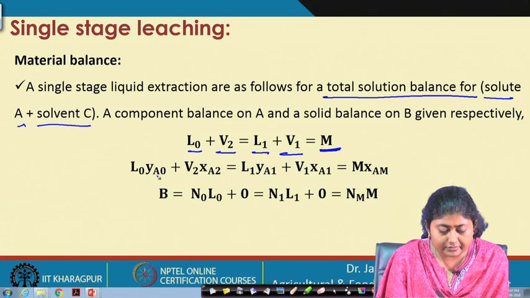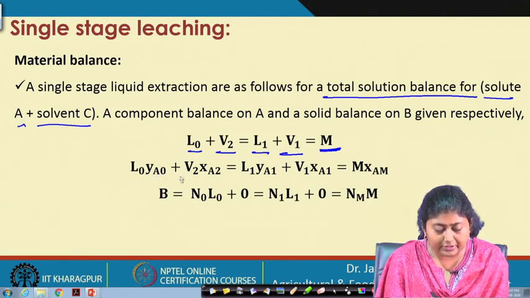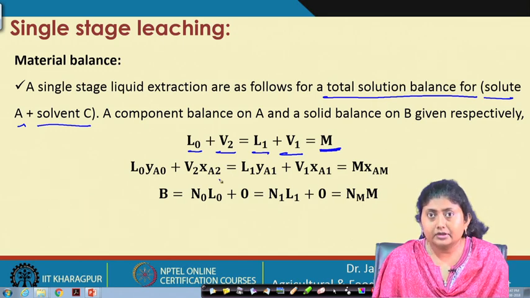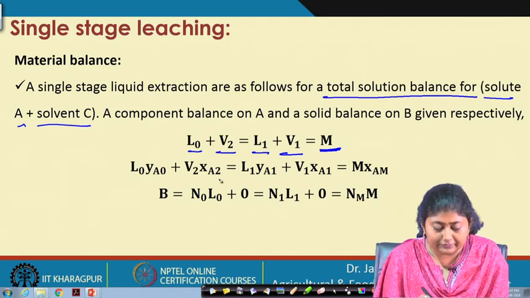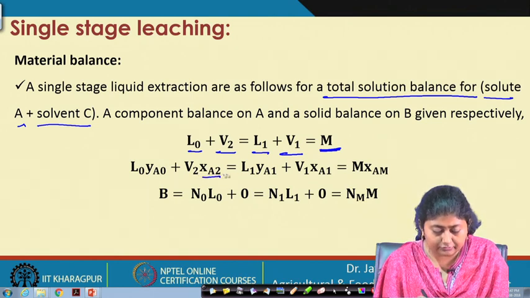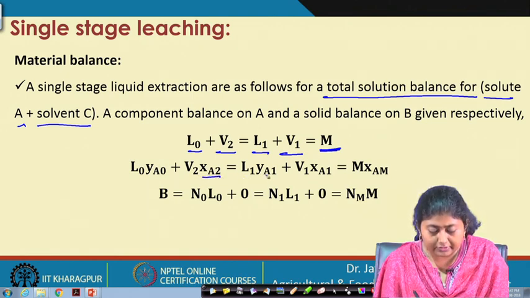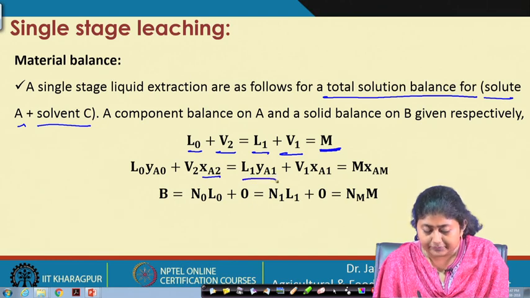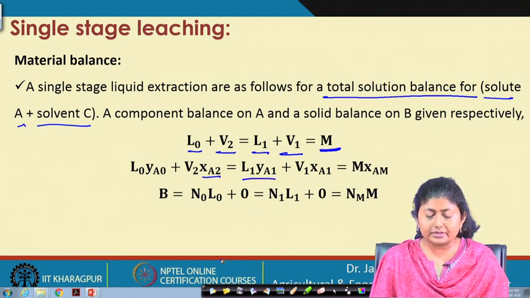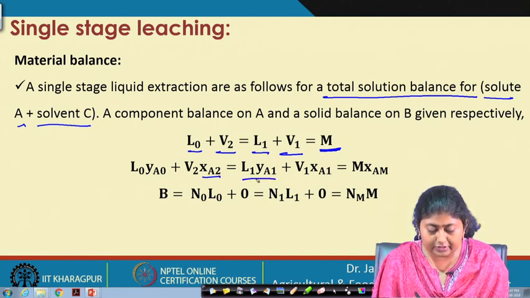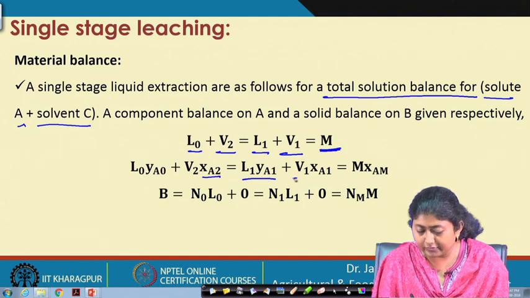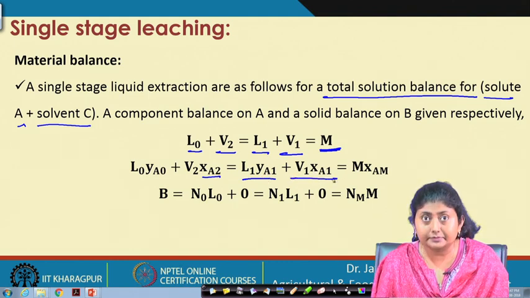Now, the solute concentration in the feed slurry is Y A 0. So Y A 0 into L 0, plus the entering solvent stream, if the solute concentration is X A 2, so V 2 into X A 2, will be equal to L 1 into Y A 1, the underflow that is going out, plus the overflow V 1 into X A 1.